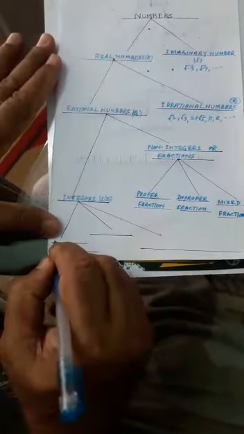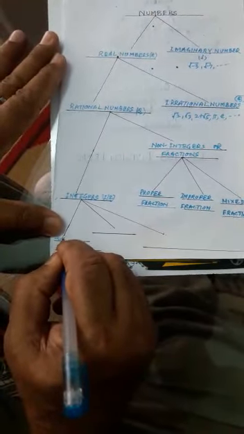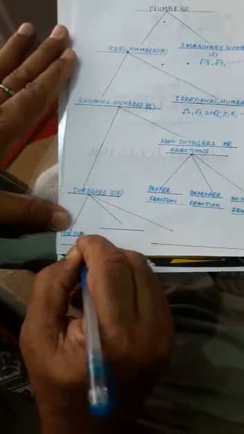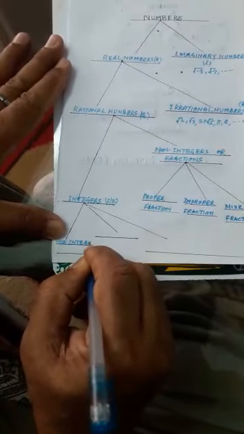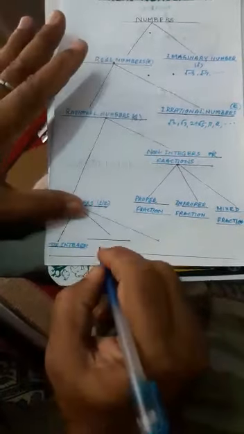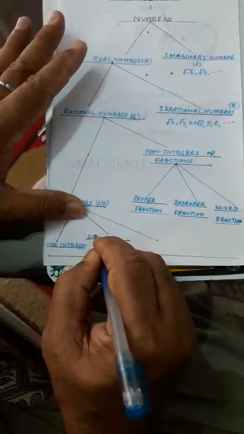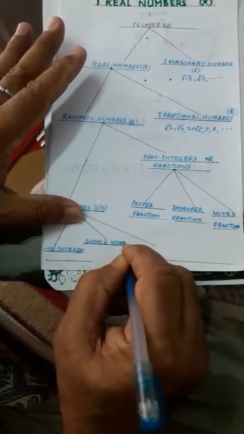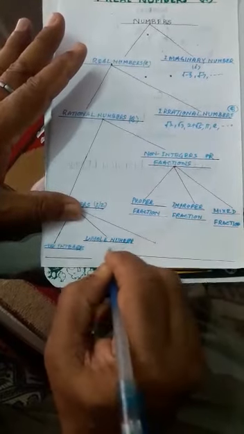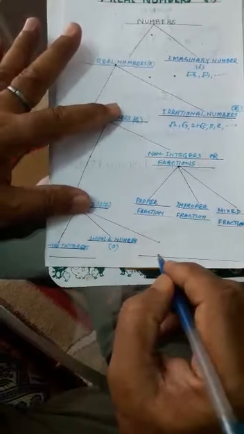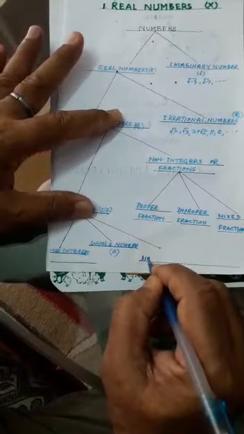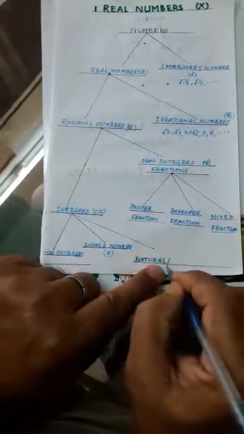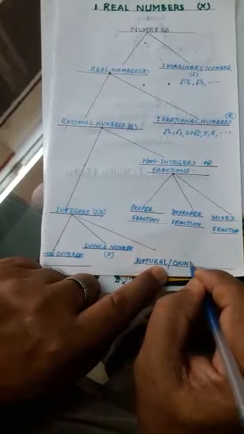Integers are also of three types: negative integers, whole number, and natural numbers or counting numbers.